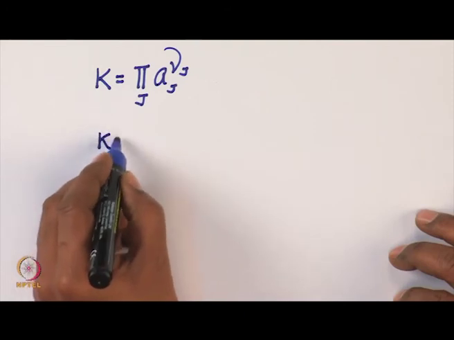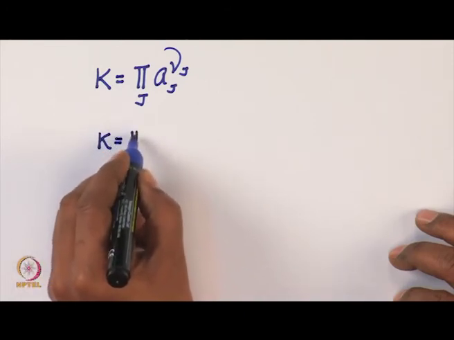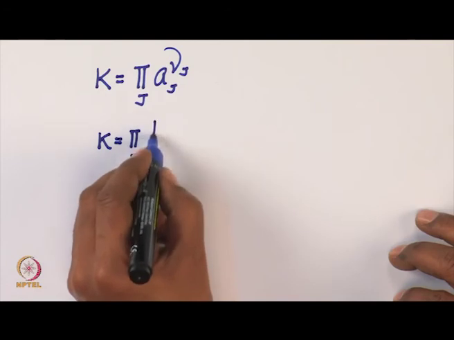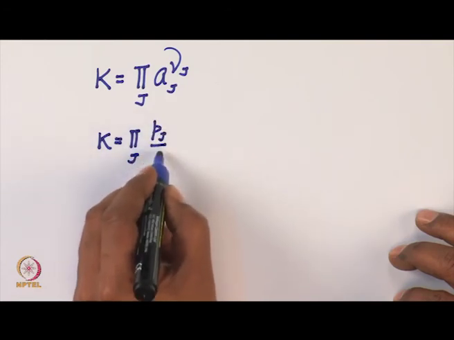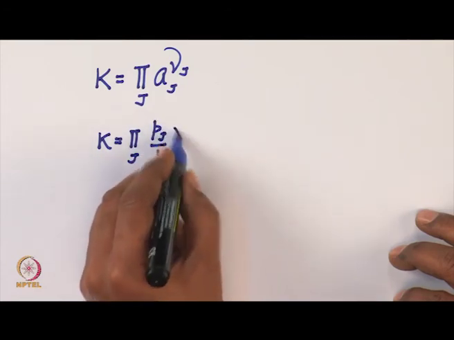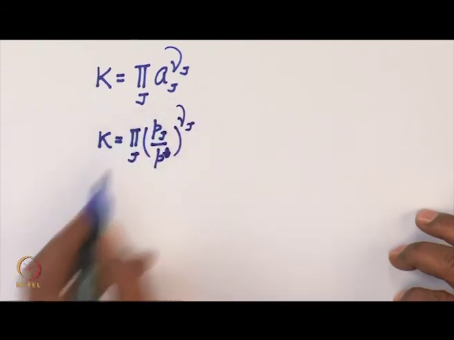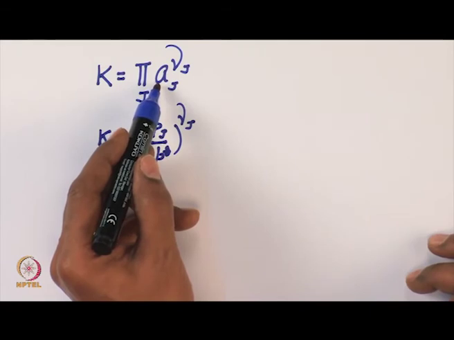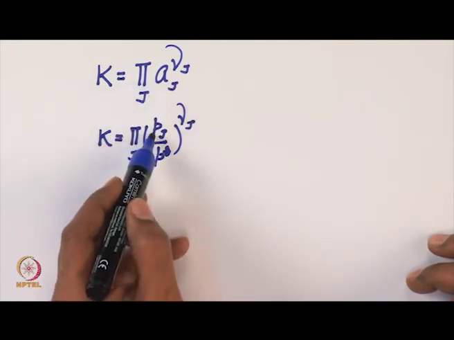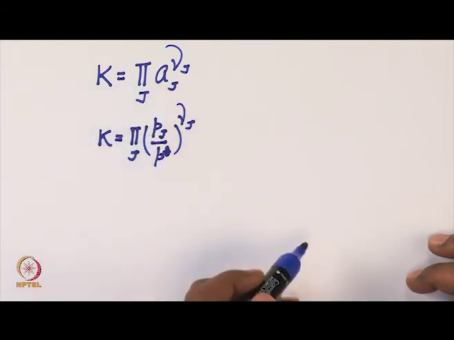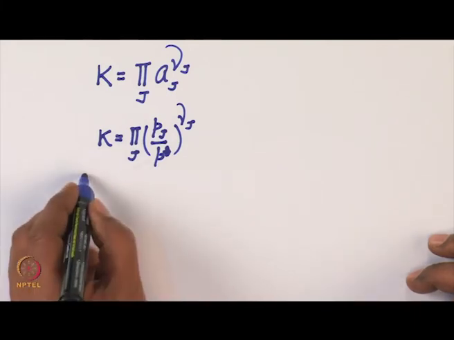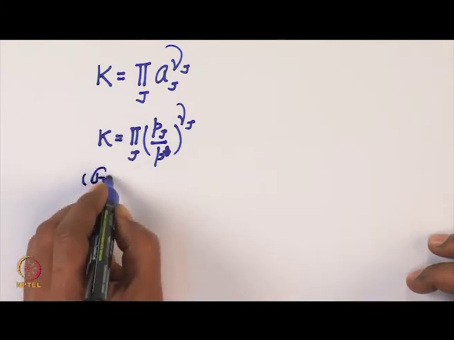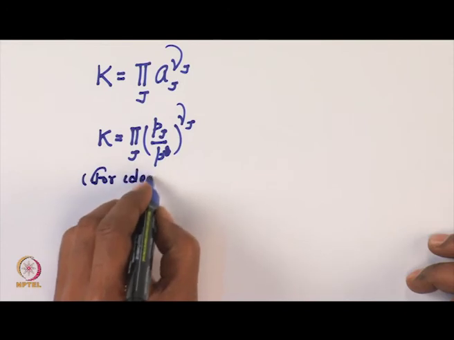And for perfect gases, I can write Pj by P naught raised to the power nu j, because we have discussed activity for a perfect gas can be replaced by P by P naught for an ideal gas.